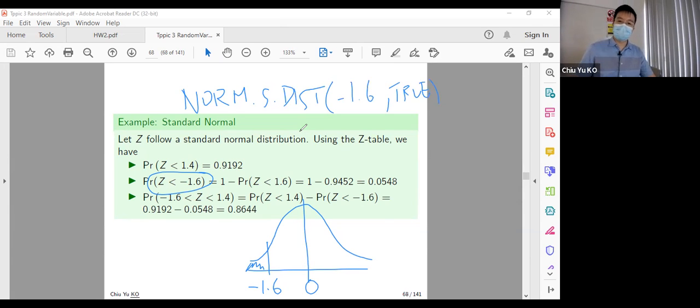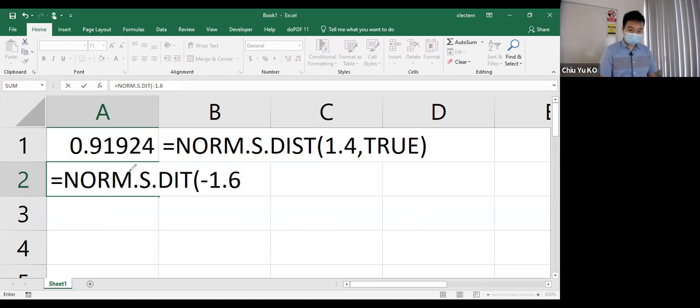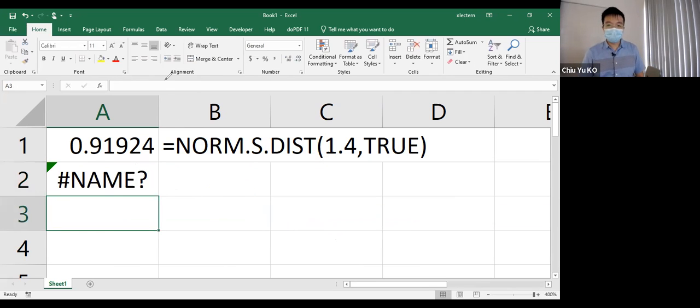So let's do it. Negative 1.6. Basically again we have norm standard, this negative 1.6, true. Oh, I think I made some mistake here.